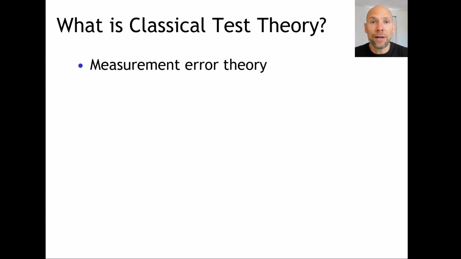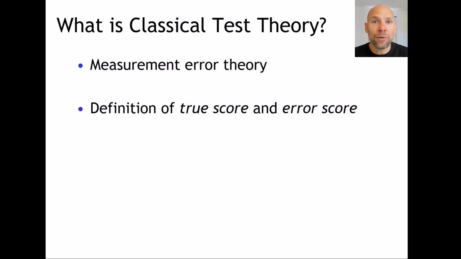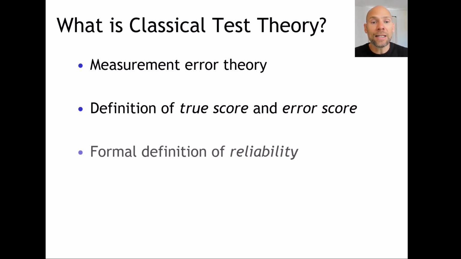It is a theory of measurement, specifically a theory of measurement errors and unreliability of scores. In the theory, we are provided with mathematical formal definitions of what a true score variable and an error variable are, and how these variables are defined. Based on those definitions, we can then come up with a definition of reliability. So how can we capture reliability mathematically in a single number with an equation?